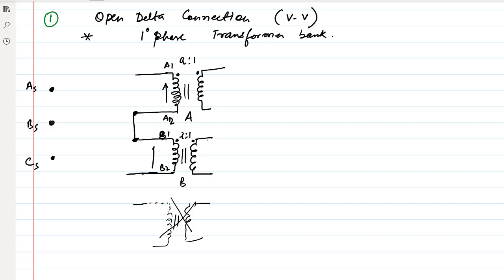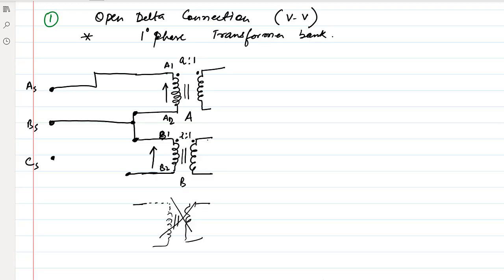Let's say A1 is connected here and the B phase is connected here. So obviously transformer 1 has the same line voltage here.